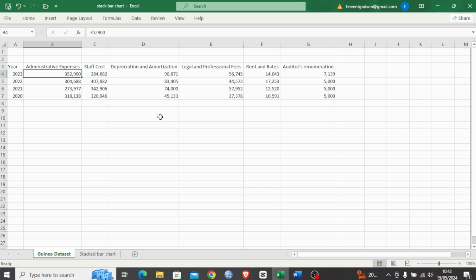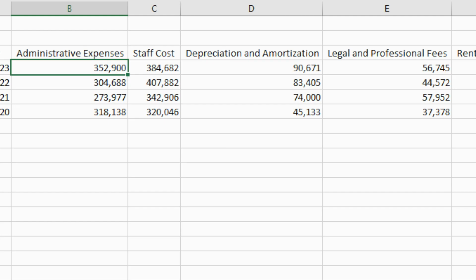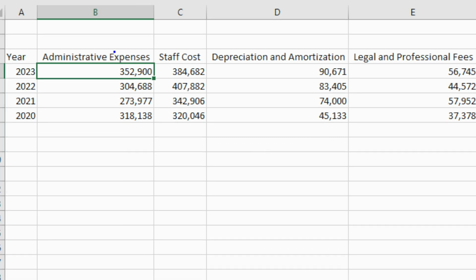So these expenses are actually unavoidable. Now these administrative expenses we see here have other sub expenses under them, and I'll take us to that area later.